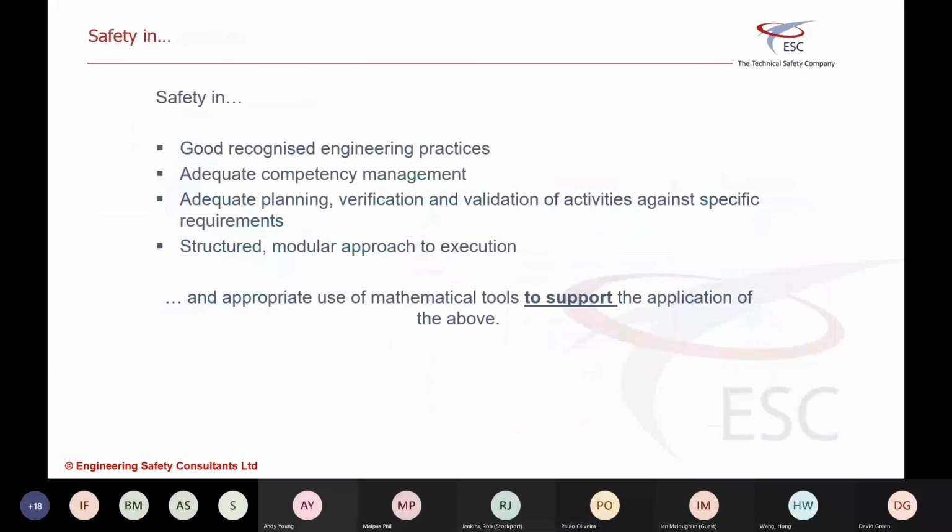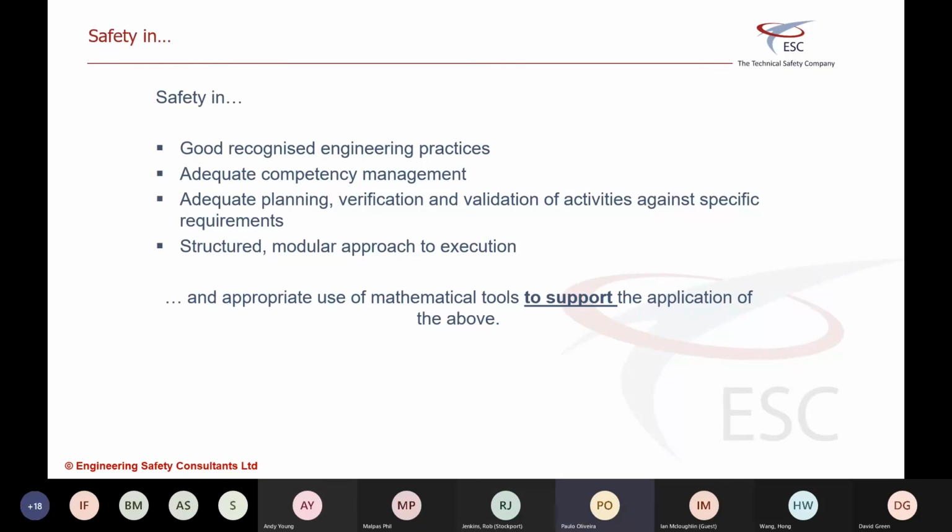So, in short, instead of safety in numbers, in our risk targets, our safety integrity is in good recognized engineering practices, in adequate competence management, in adequate planning, verification and validation of the activities you take to develop and to deliver that safety system against the specific requirements you've defined for that system, with a structured modular approach to execution of each one of these tasks, and appropriate use of mathematical tools to support the application of the points above.